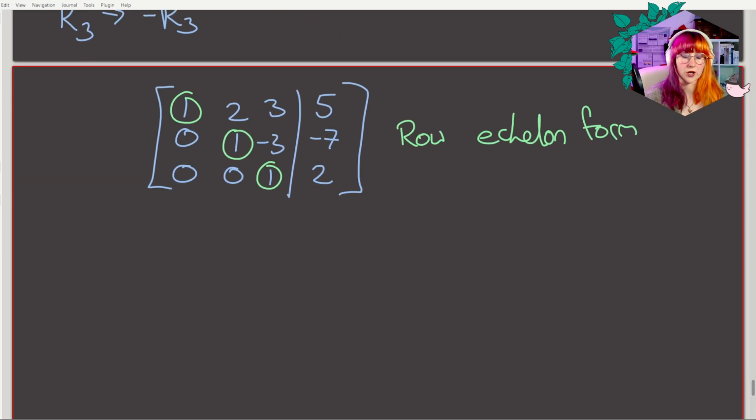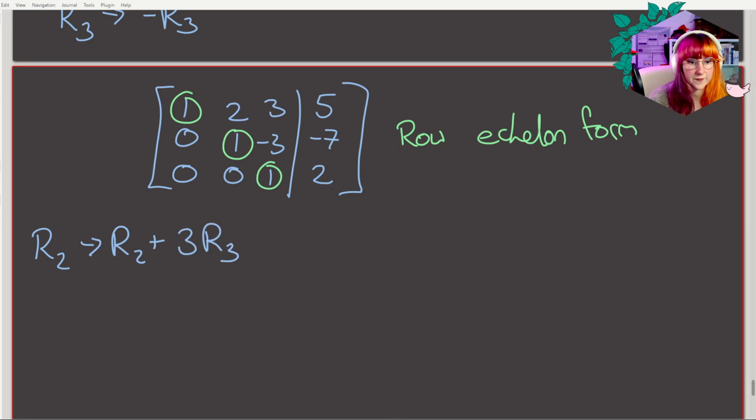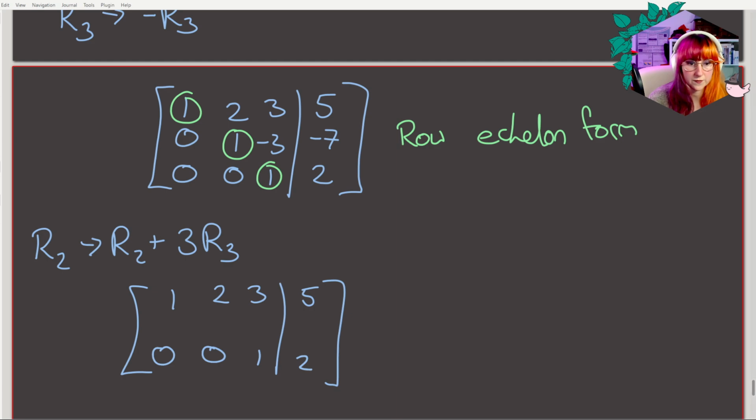Now, reduced row echelon. Reduced row echelon, we work backwards. So starting from the furthest right leading thing, get rid of everything above it. So we'll work upwards. So R2 goes to R2, add 3 R3. 1, 2, 3, 5, 0, 0, 1, 2.